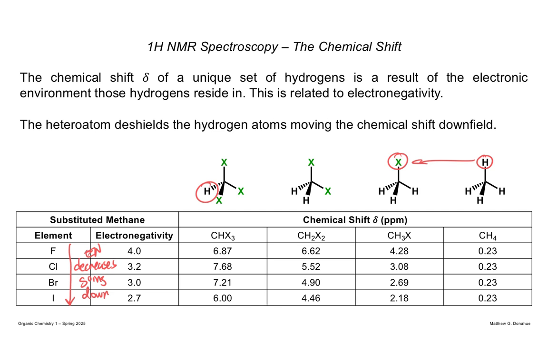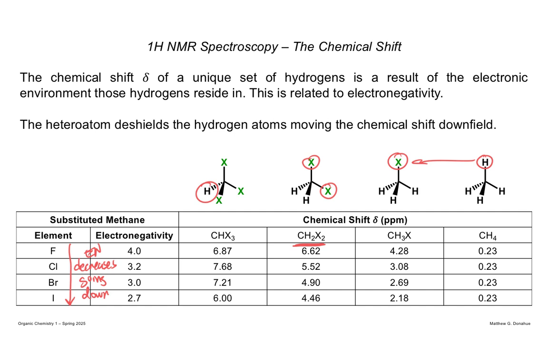And now this is the trap you don't want to fall into: when you add that second halogen, so now we have X and X, notice in this column here for CH2X2, those numbers are not 2 times what we saw with just one substitution. Otherwise that chemical shift now should be like what, 8.4 or something.